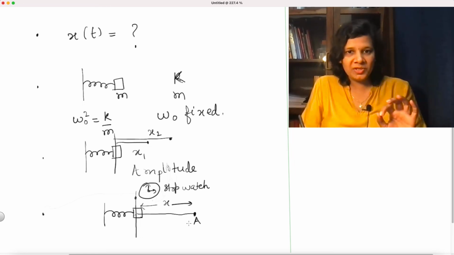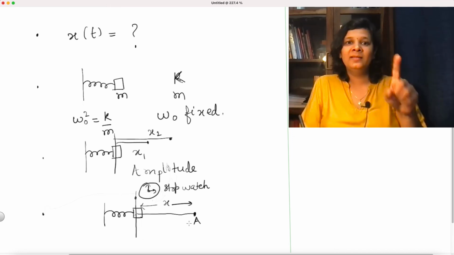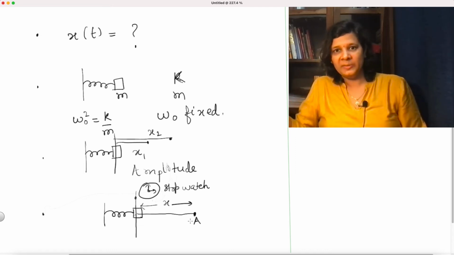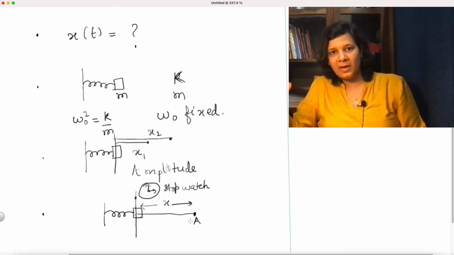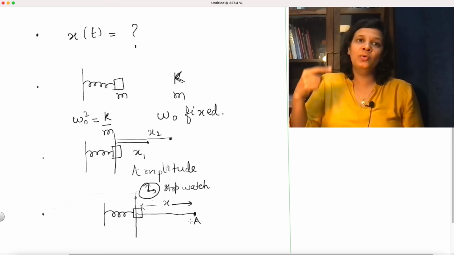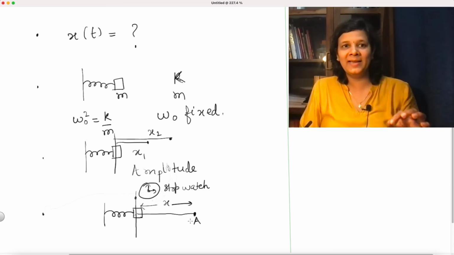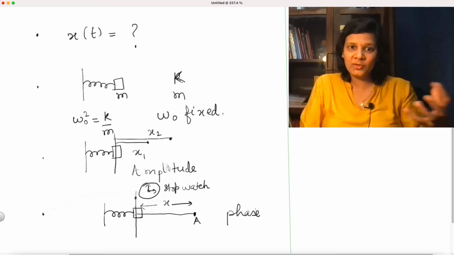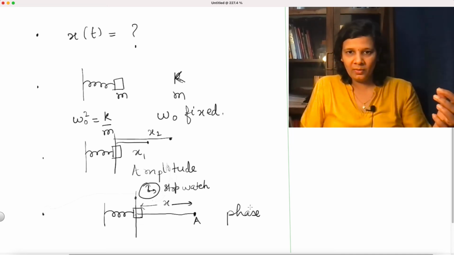So this information of phase, and the distance from which you are leaving the mass, that is the initial displacement, and at what time you are leaving, both pieces of information should go in my solution, that is x at t, and these two you can choose. Another thing which you can choose is the phase. I hope you got the idea of what phase actually means.